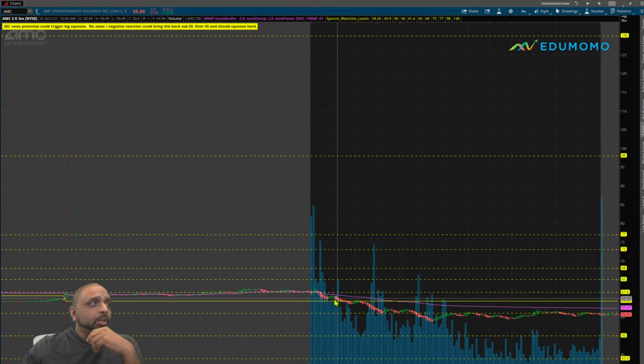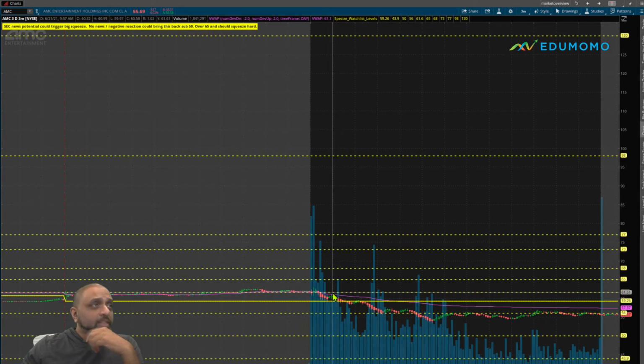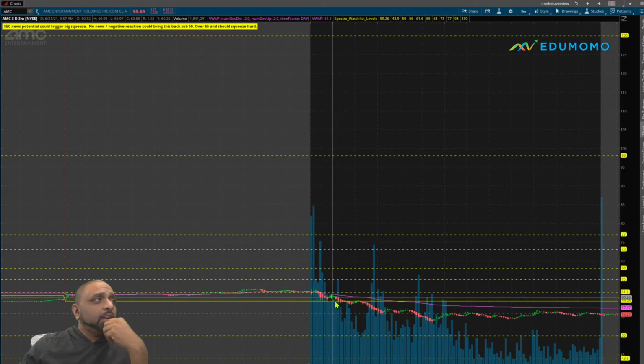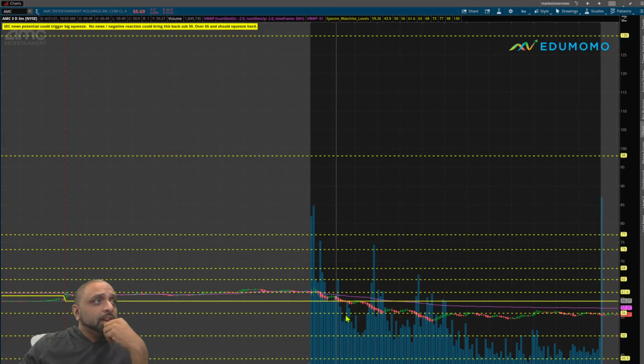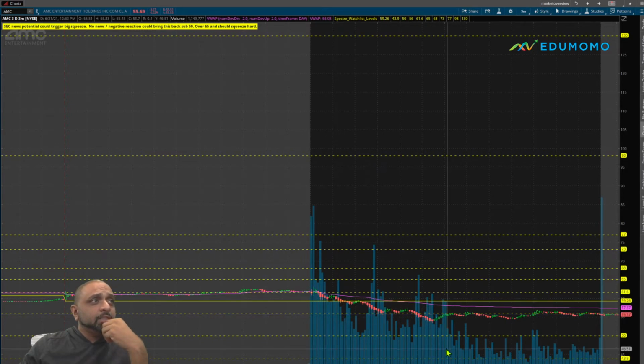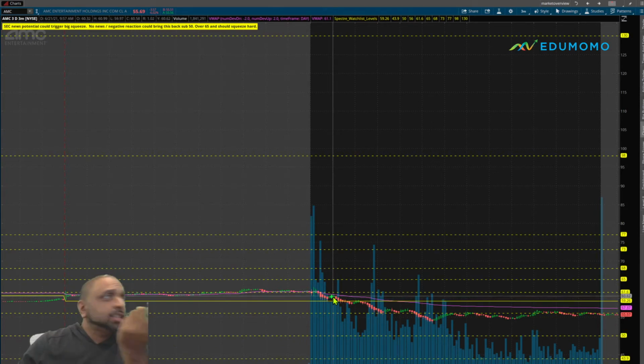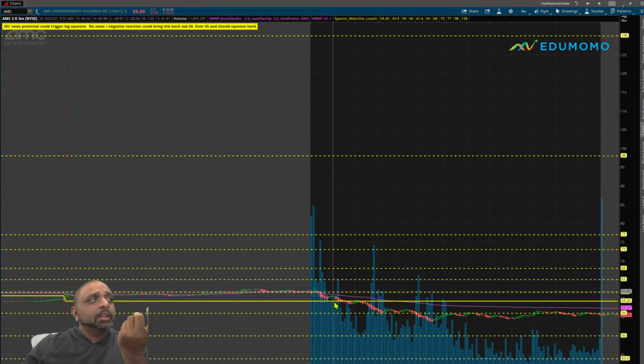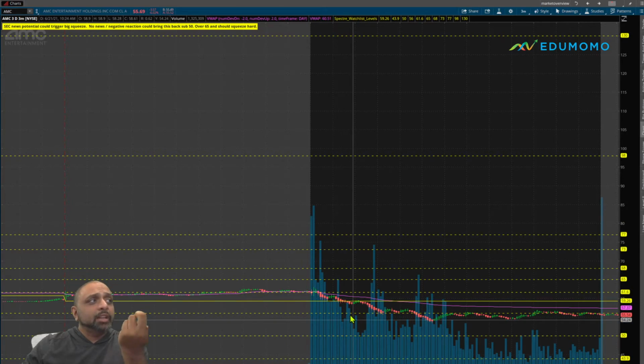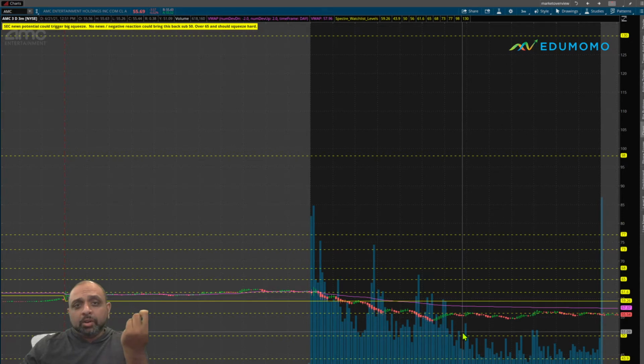You can go, hey, I'm going to go short here. I'm going to risk against this 6160 level, and I'm going to target this 56 level, and then if that breaks, this 50 level, right? So it's a good risk reward because if you're getting short around 60.50, you have $1 of risk on the upside, and for this 56 target, you have at least $5 of upside, and then if it gets down here, you've got $10 of gain, right?